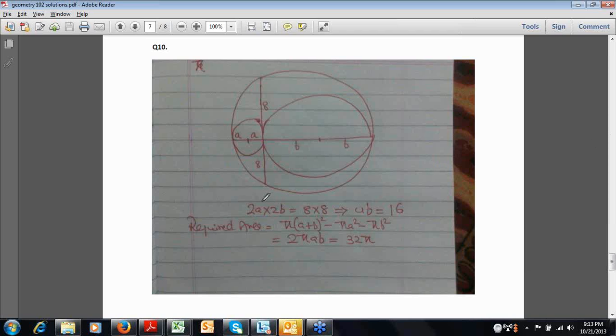You'll get it. So 2A into 2B is equal to 8 into 8. AB we are getting 16. So you know how we are finding out. 2 pi AB is equal to 32 pi.